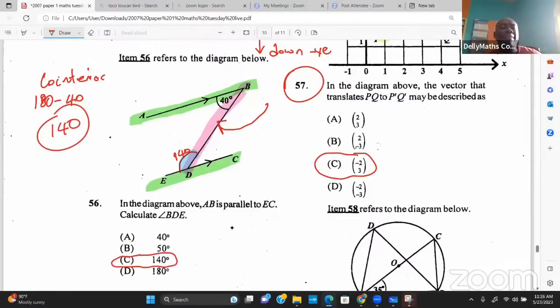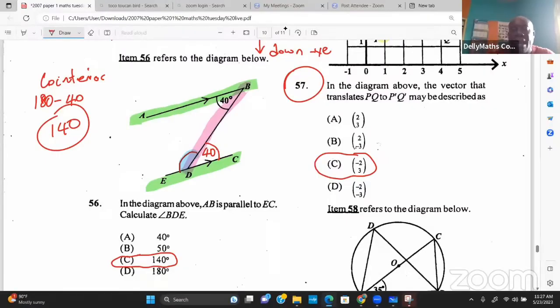Now, let us say I never knew about co-interior angles. It means that I would have to do something else. For example, I could have used alternate angles and related the 40 here. Same thing, Z angles are equal. You're seeing the Z. Now, I am on a straight angle, and a straight angle measures 180 degrees.